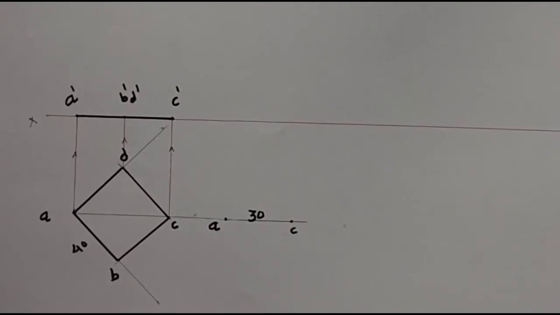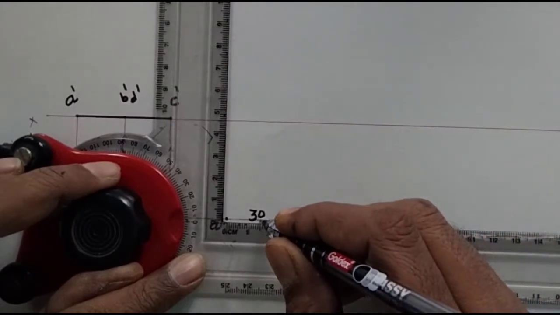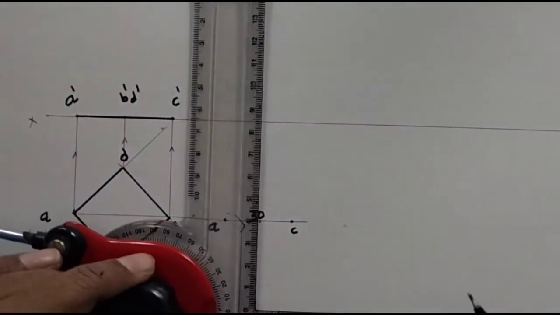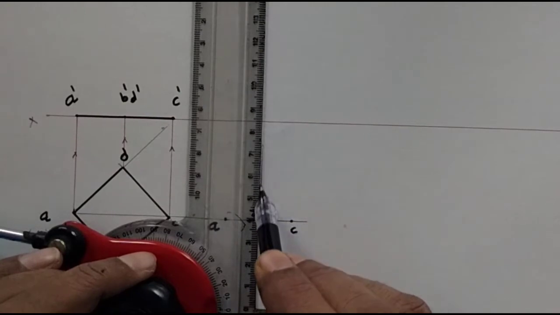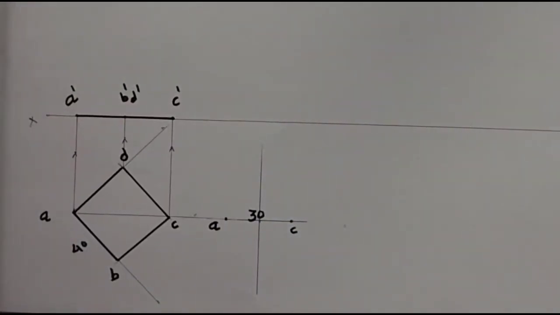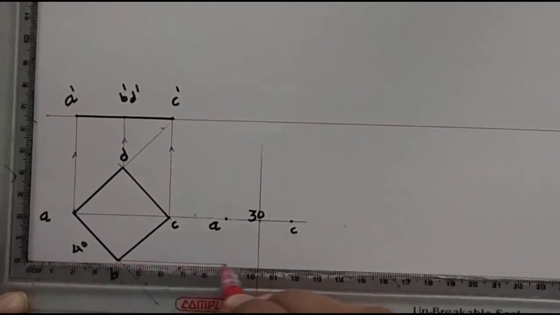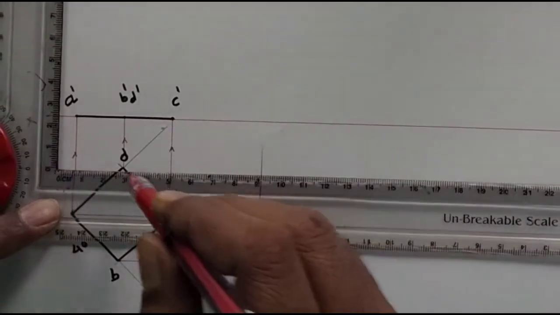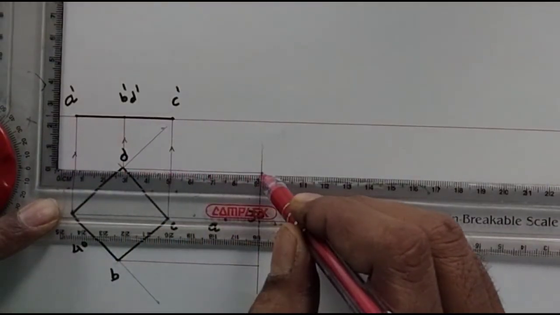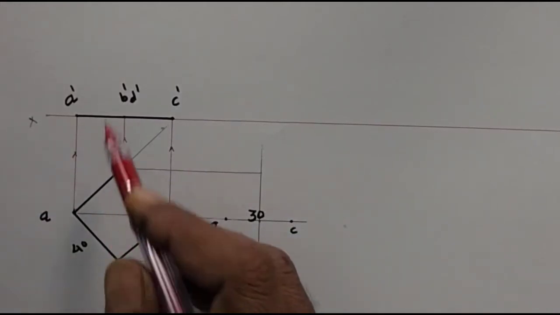And I choose the middle point of this 30 mm. From this middle point, I draw the vertical line. Again we take the projection from the previous plan, because my BD diagonal is perpendicular to VP.